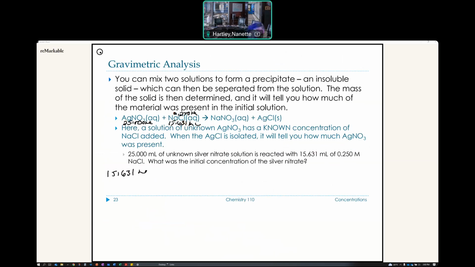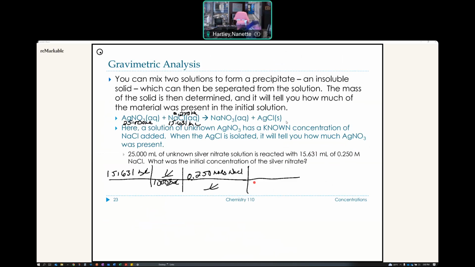I've got that 15.631 milliliters. Convert that to liters. Multiply by the molarity, 0.250 moles of NaCl per liter. It cancels the liters. I now have moles of NaCl.